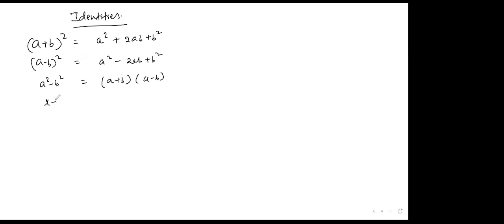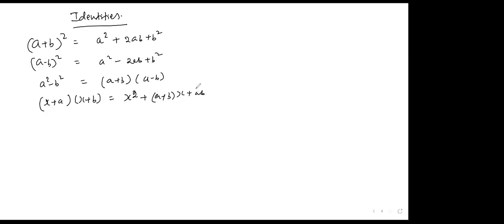And (x plus a) times (x plus b) is x square plus (a plus b)x plus ab. a and b are just for reference. In place of a and b, it might be x, y, or 2x, p, q, anything.